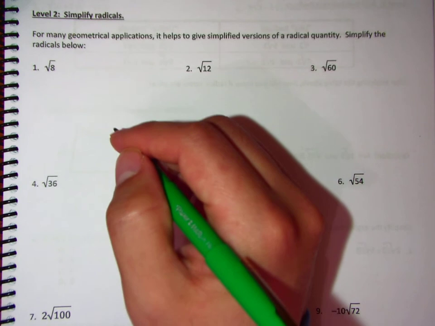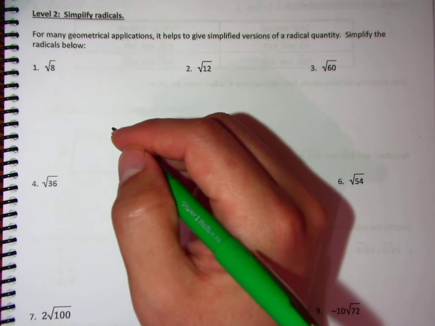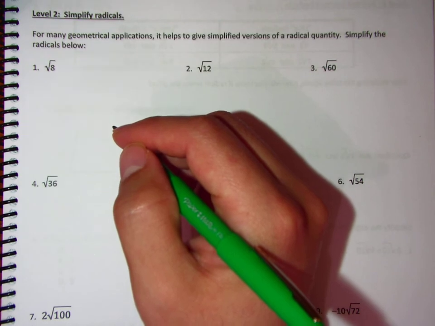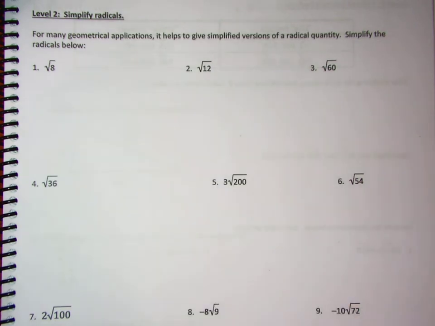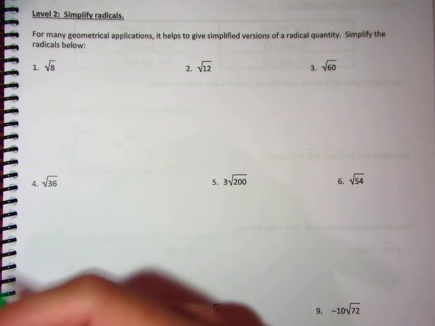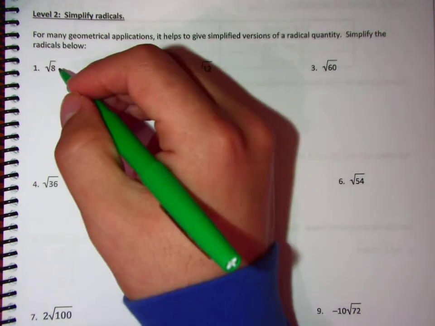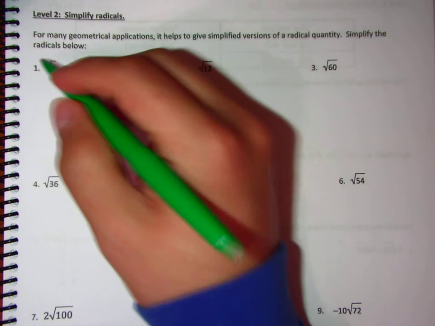And now here's how we can reduce or simplify these radicals. There's really two options. I'll show you both, and it depends on where you are with the mental math and if you're pretty quick with multiplying and dividing. First option, so let me do number 8.